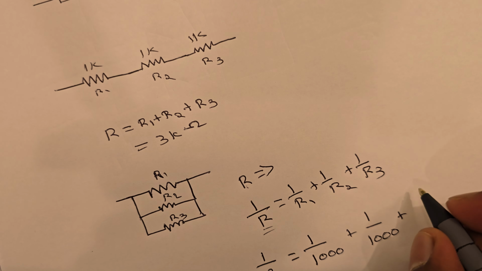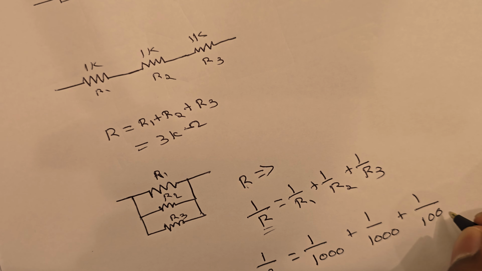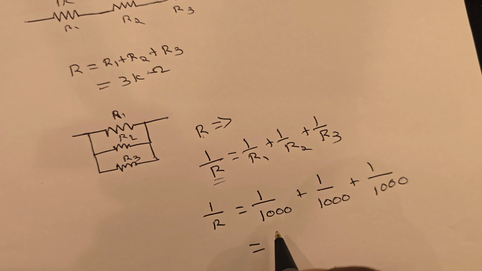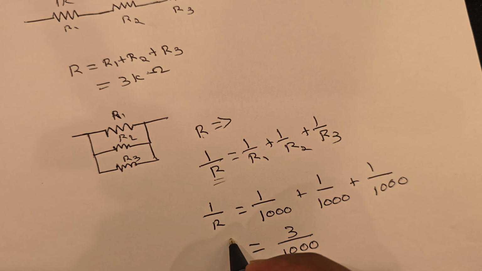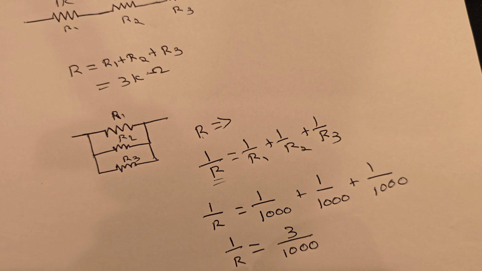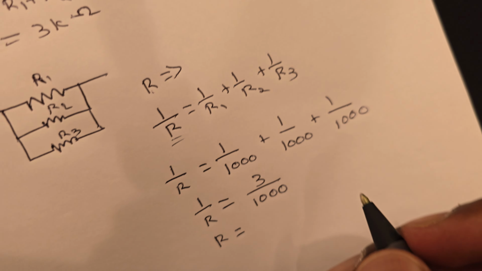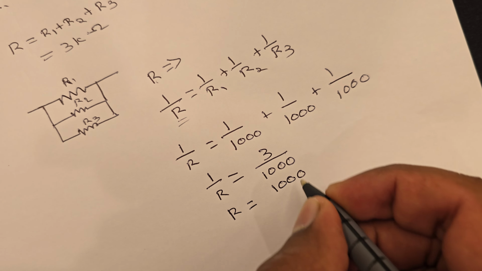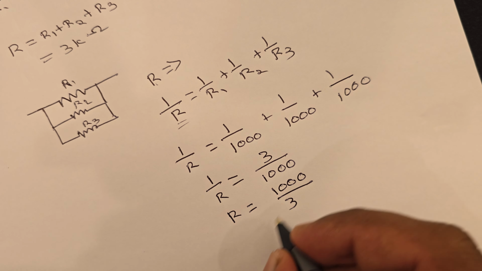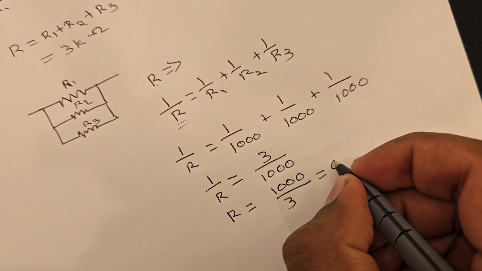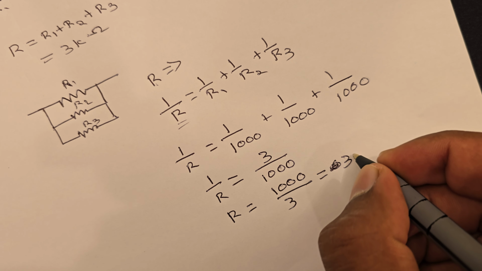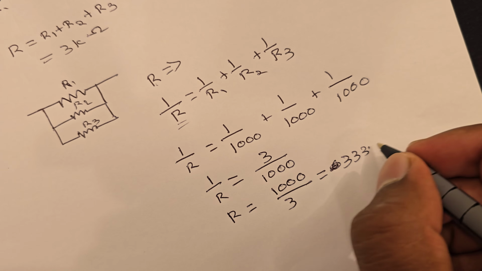The third one 1000 ohm, which is equal to 3 divided by 1000, which is 1 by R. So R is equal to 1000 divided by 3, which is 333.